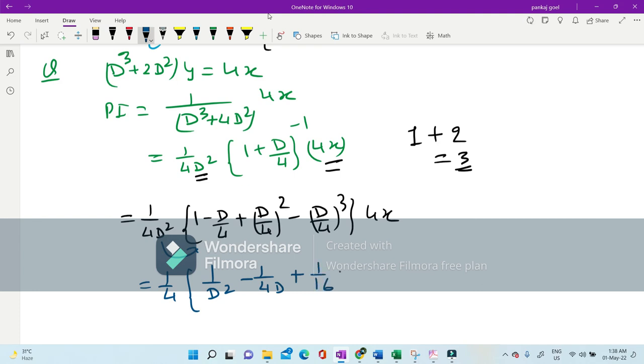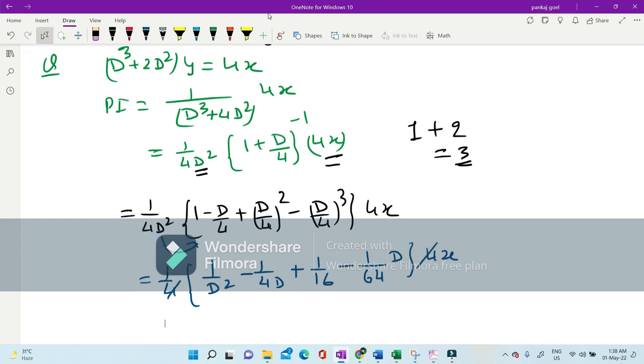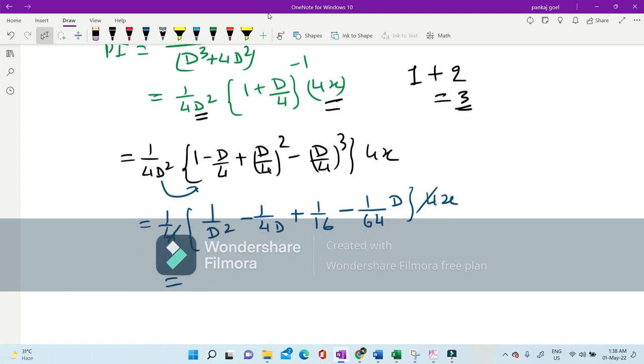D square cancels out here, and minus 1 upon 4 times 4 cube, which is 64, and D remains here, acting on 4x. The 4 cancels with 4. Now we can just apply this. 1 upon D square means 2 times integration of x. That gives x square by 2, then x cube by 3, so x cube by 2 into 3. Minus 1 by 4 times one integration, x square by 2, plus 1 upon 16 into x, and this last one is minus 1 upon 64 times the differentiation of x, which is 1. Simplify this and we get the answer.